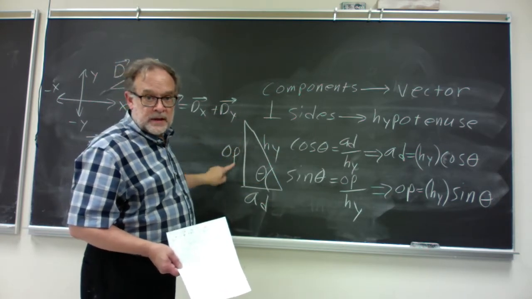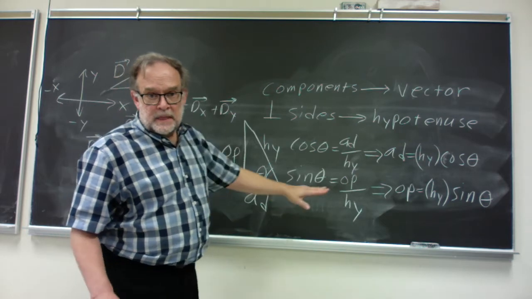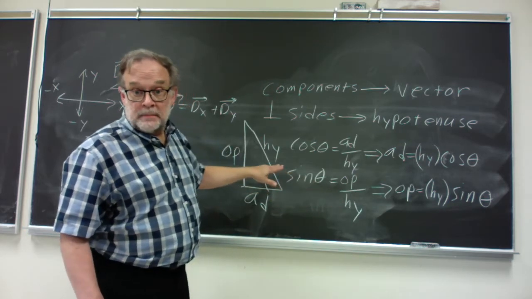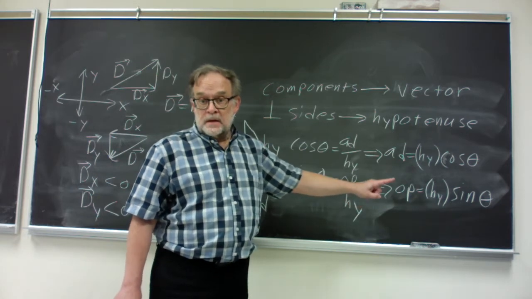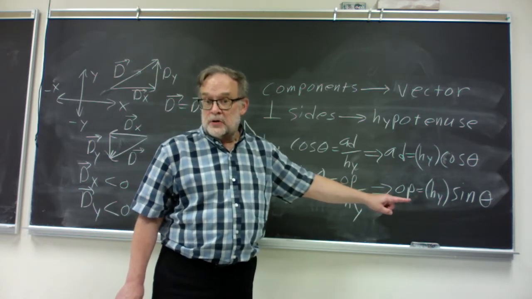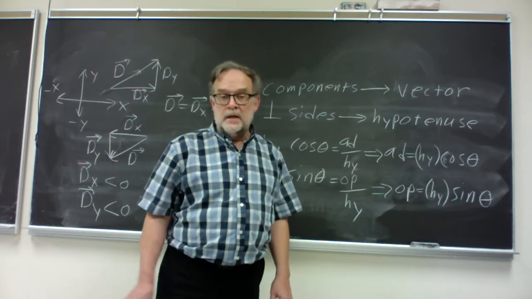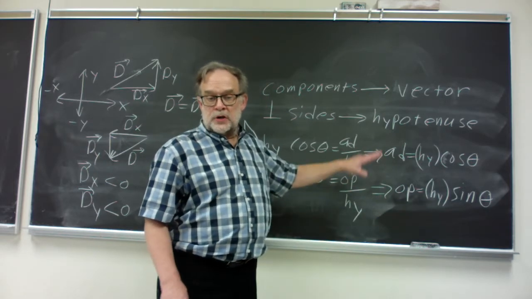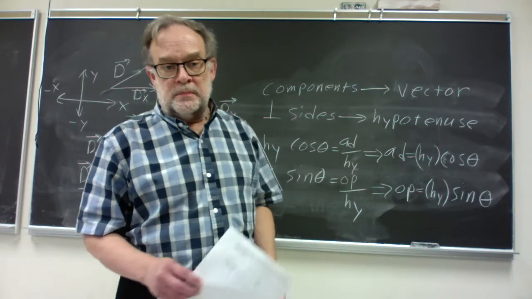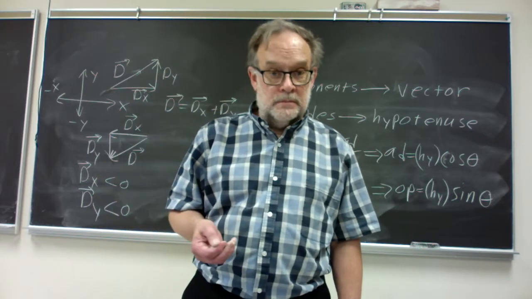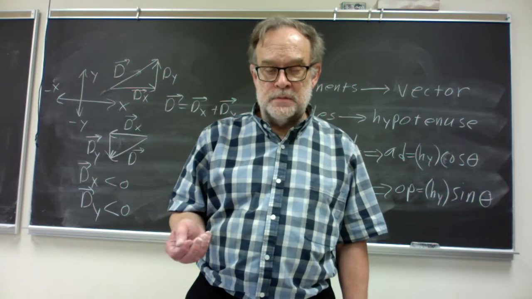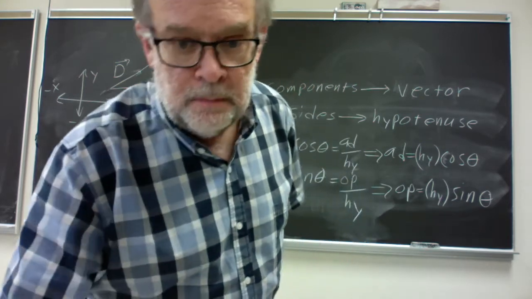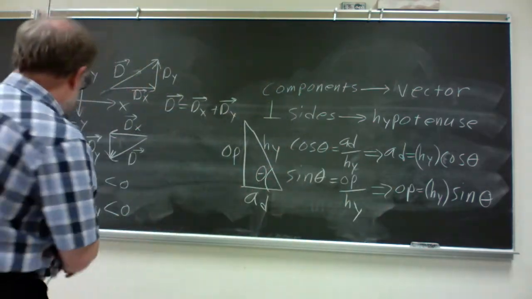And again, if you multiply this equation by hypotenuse, you find that the length of the opposite side is simply the length of the hypotenuse times sine of that angle. And these are two rules that we can use to figure out things about a vector and its components. So looking at one example, here it is.